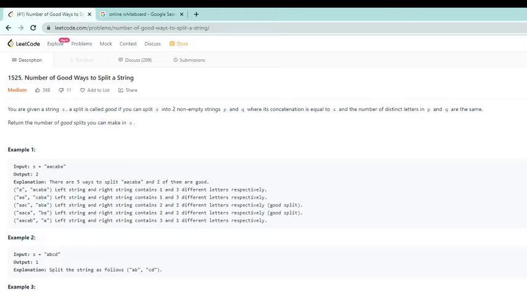Let's have a look at the first test case only, which is AACABA. So let's think of a brute force solution.